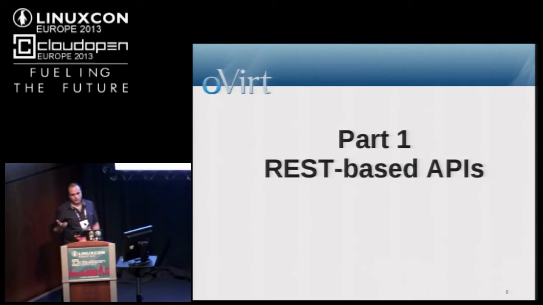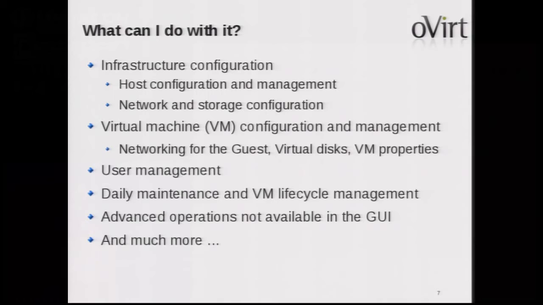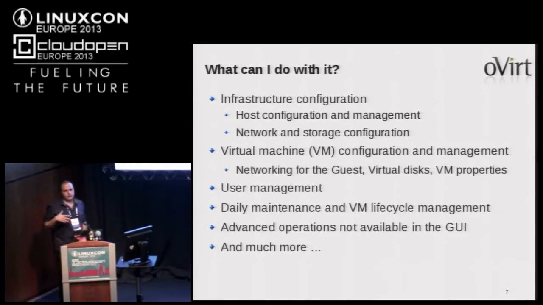So we'll start with the REST-based API. I guess some of you or many people here are familiar with REST, but I'll give some basics about that as well. So when looking at oVirt, what can we do with the REST API? So basically we can do infrastructure configuration to configure hosts, configure networks, configure storage in the system, provision new virtual machines, manage users, do different daily maintenance that we need to do in our environment.